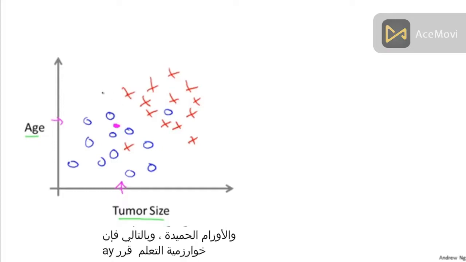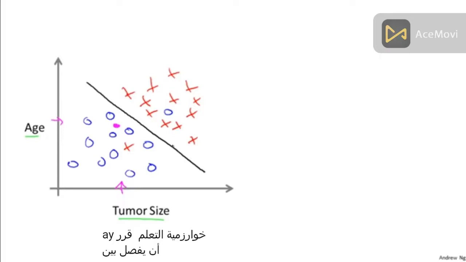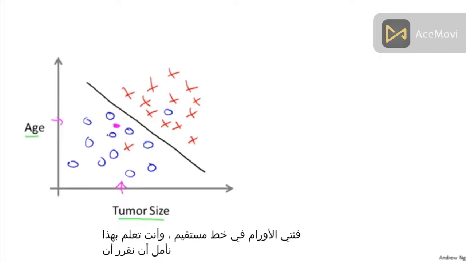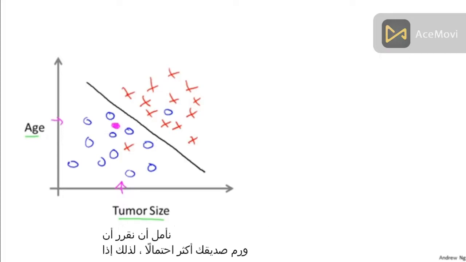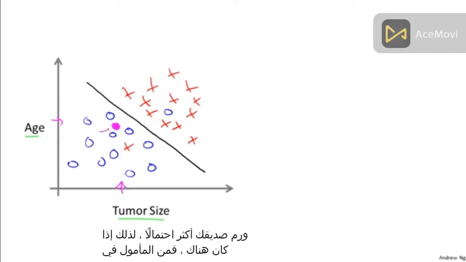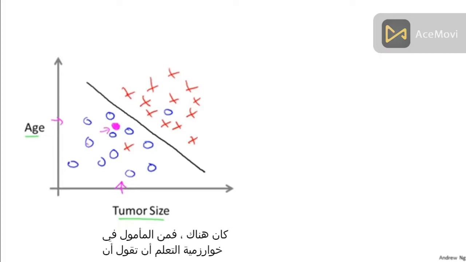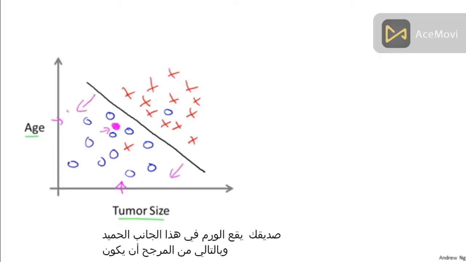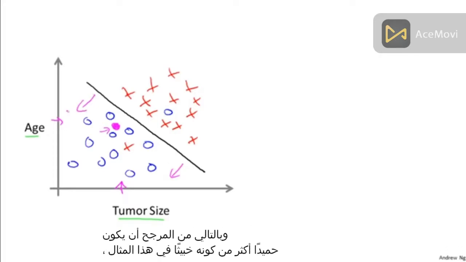And so the learning algorithm may decide to fit a straight line like that to separate out the two classes of tumors. And with this, hopefully we can decide that your friend's tumor falls on this benign side and is therefore more likely to be benign than malignant.